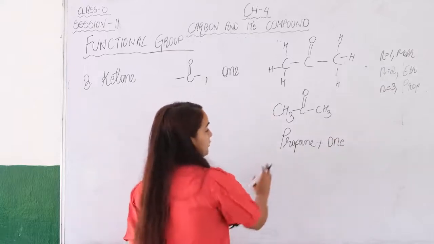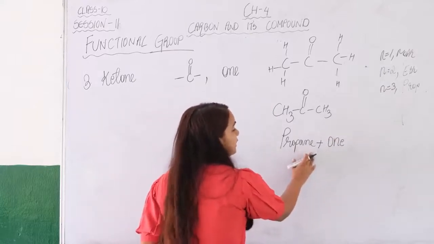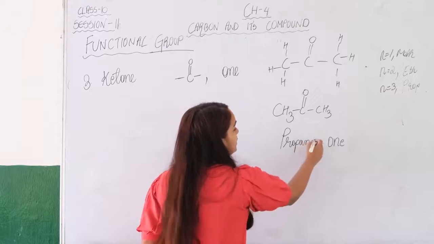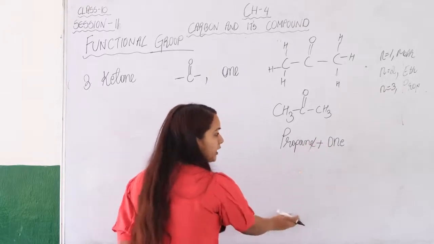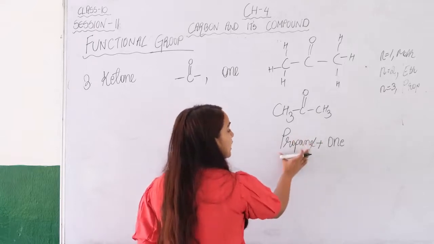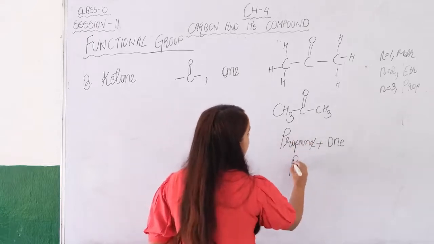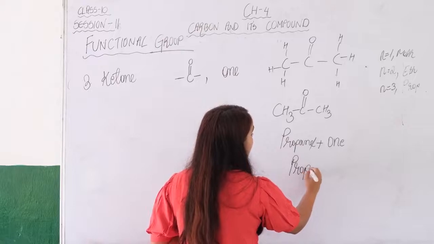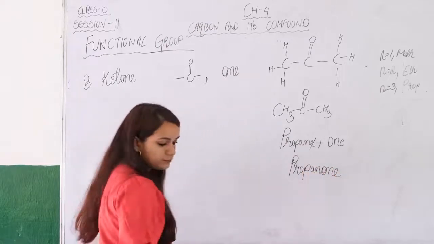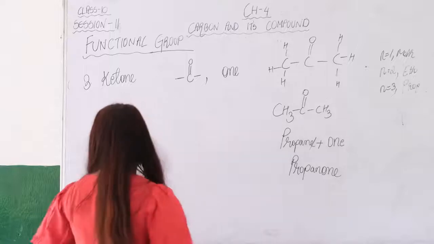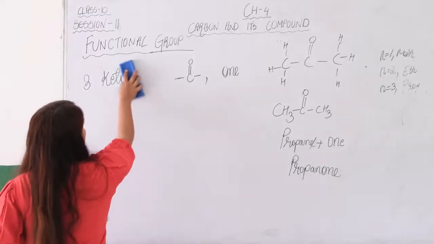As mentioned, if the last letter of the alkane is a vowel, it will be omitted because both vowels cannot be written together. So the vowel of the alkane needs to be omitted. So the name will be propanone. So this one I'm sure it is clear now for ketone.